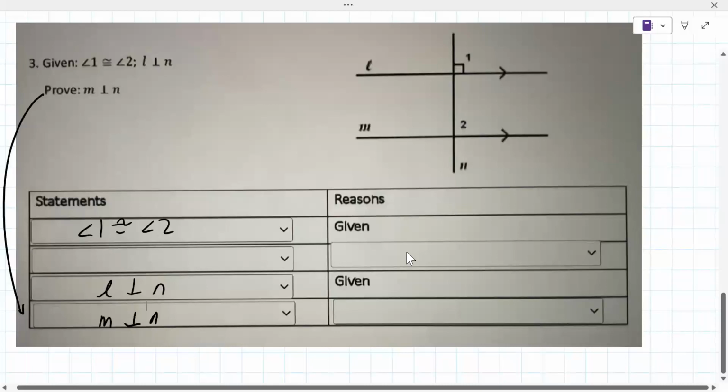Converse of corresponding angles theorem, probably this one down here, because that's what leads you to it. There is transitive property of congruence, definition of linear pairs, corresponding angles theorem, perpendicular transversal theorem.